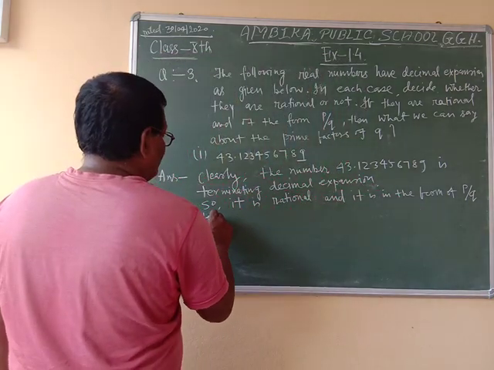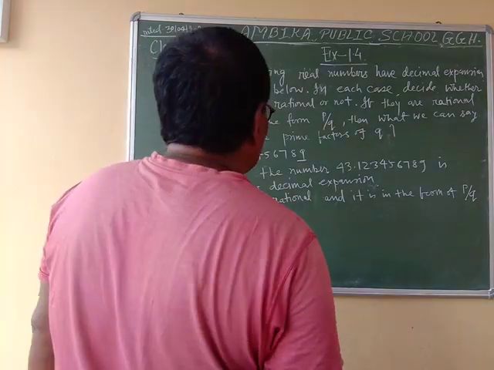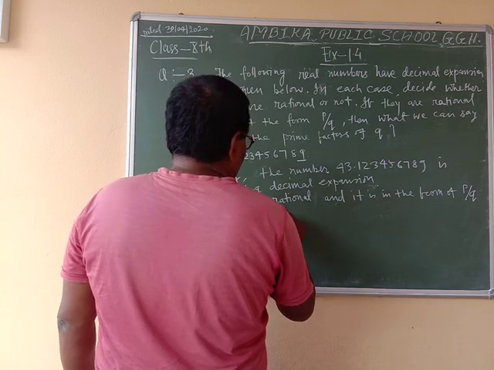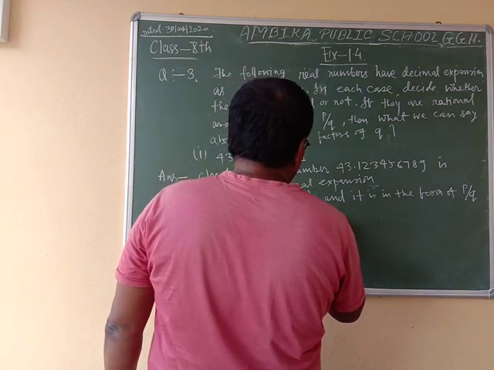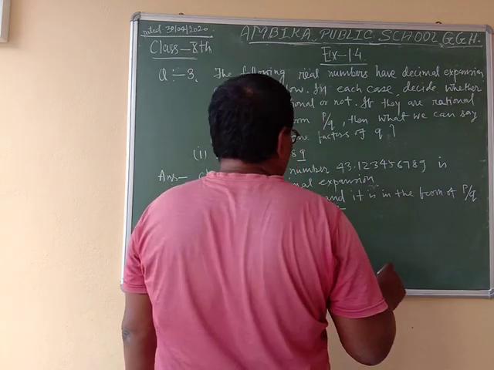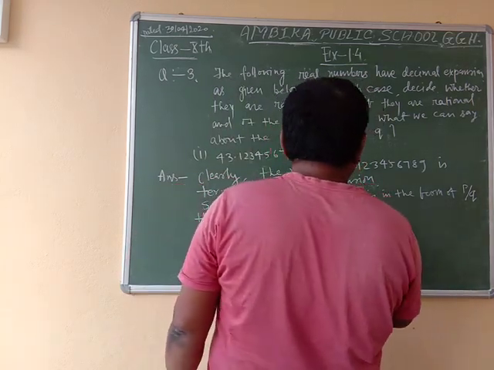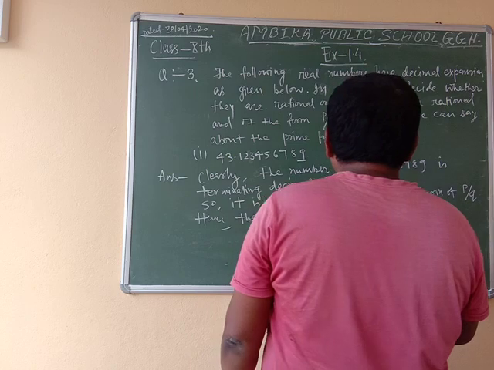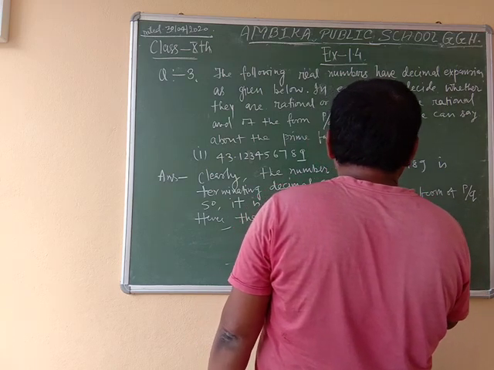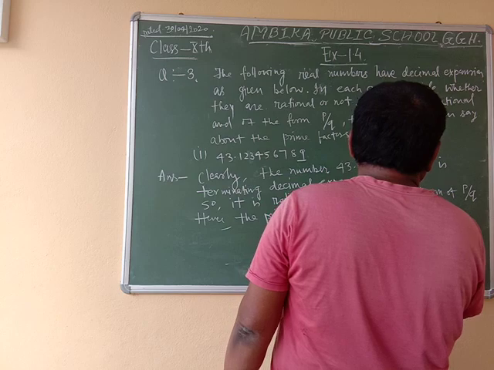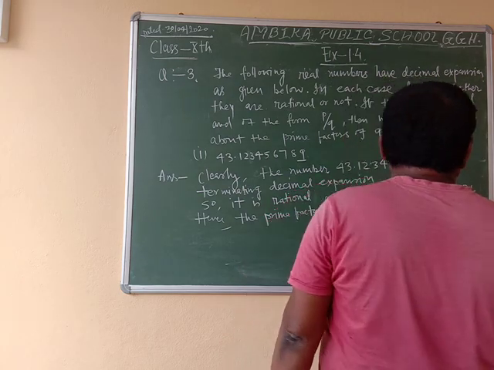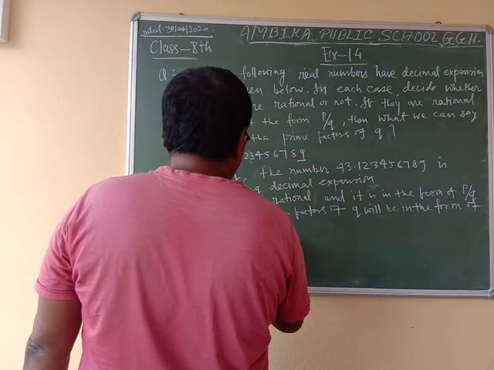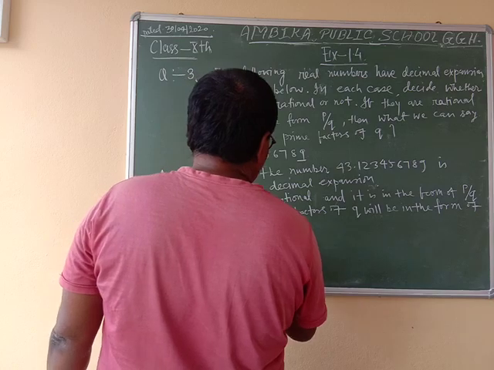Hence, the prime factors of q will be in the form of 2 to the power n into 5 to the power n.